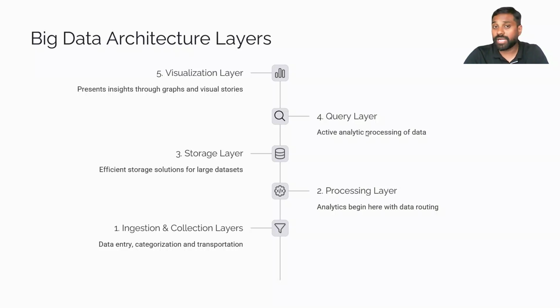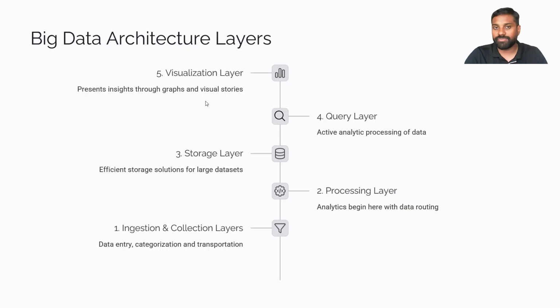The results from this layer have to be represented in an easy and convenient manner for the end users, who are the business users. So in the visualization layer, we come up with graphical representations or stories using nicely designed dashboards. That's where the value of the data can be appreciated.